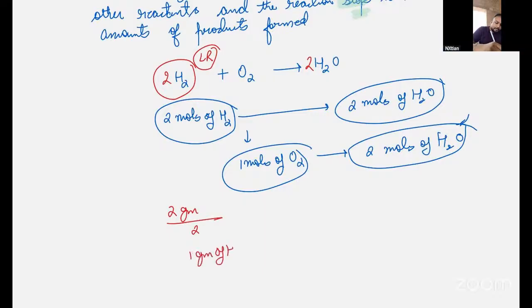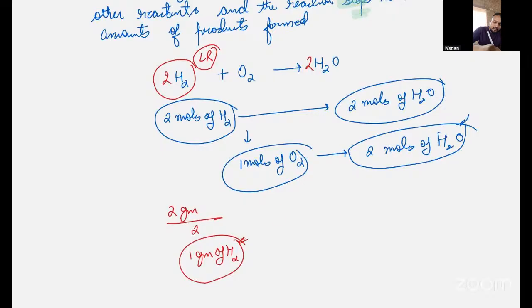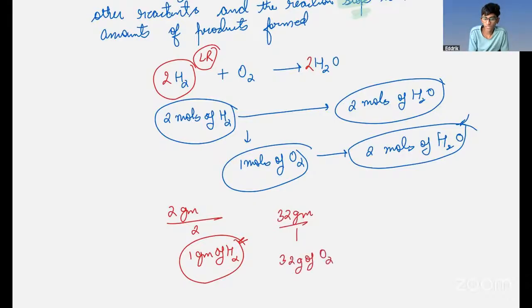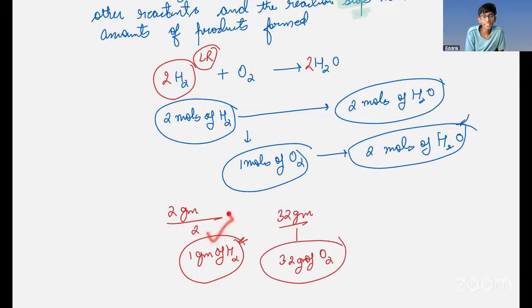And here, how many grams of oxygen? Oxygen is 16 and 32. 32 grams divided by 1, so here 32 grams of oxygen is there. So now obviously the hydrogen will get consumed first for making water. That is why the hydrogen is the limiting reagent.